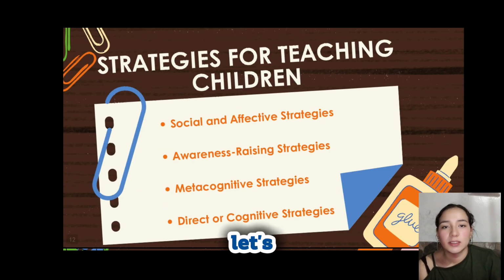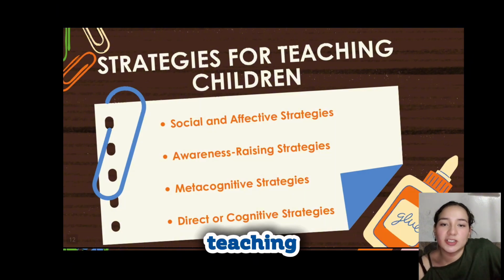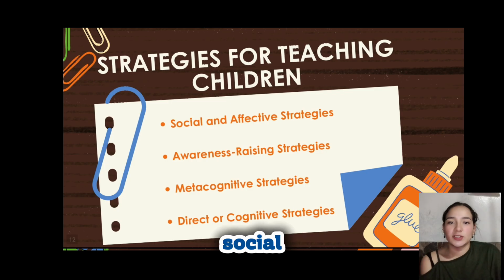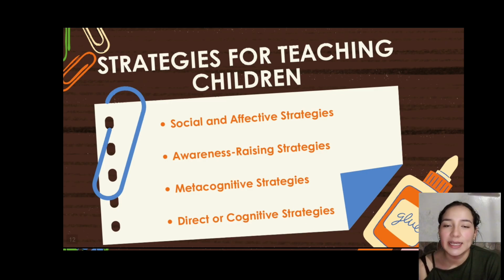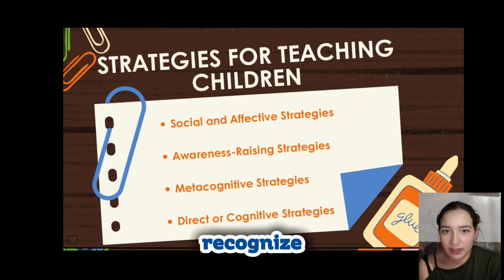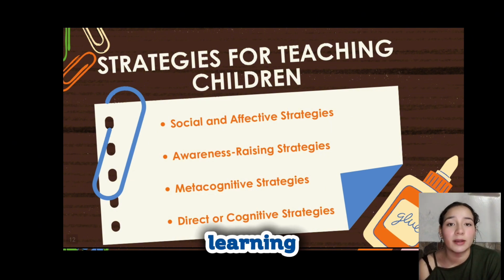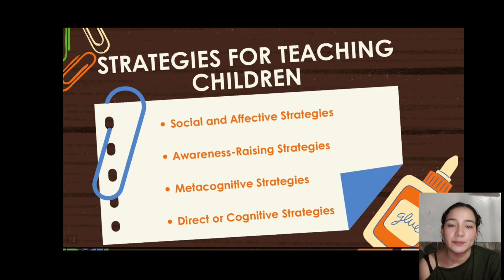Well, now let's look at strategies for teaching children. Social and affective strategies. This helps students recognize how their own emotions and those of others affect their learning process. Awareness raising strategies.